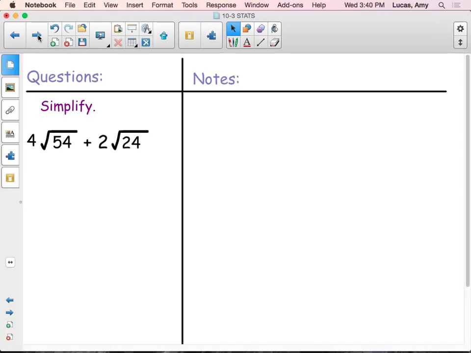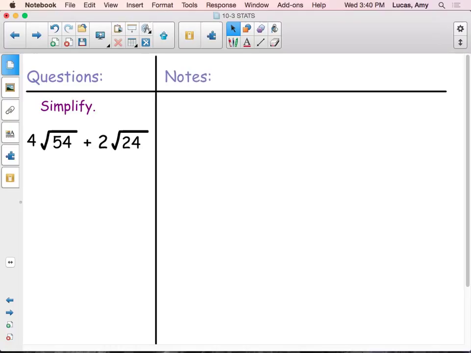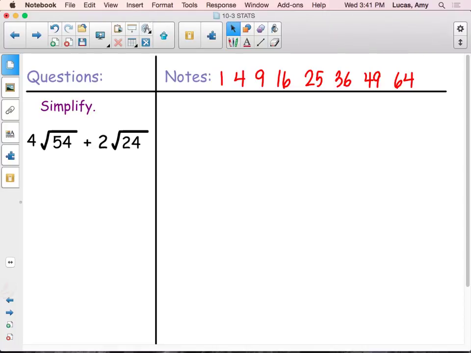Okay, now our problem's getting more complicated. These radicals right now do not have the same number under the square root. So I am going to write my list up here, my list of perfect squares, the first few of them, and I'm going to have to simplify both of these radicals.